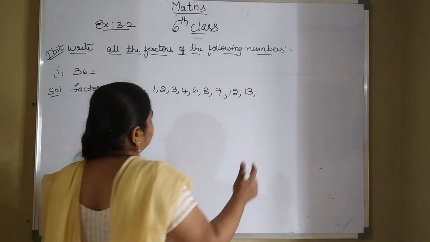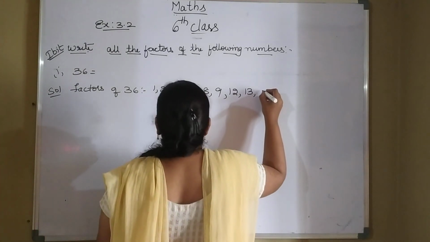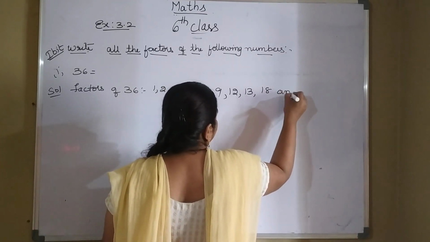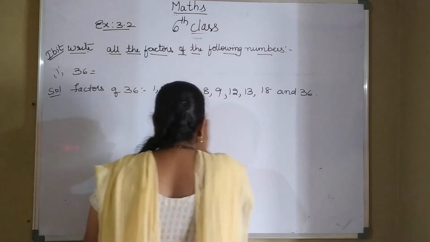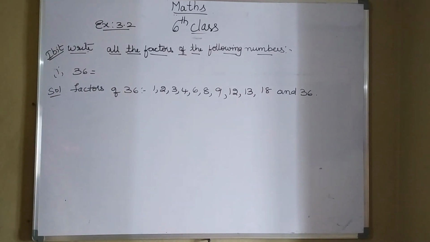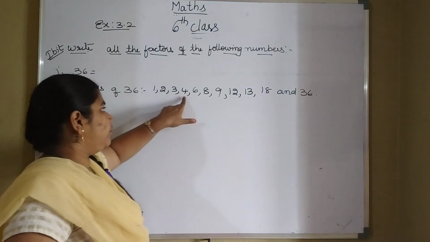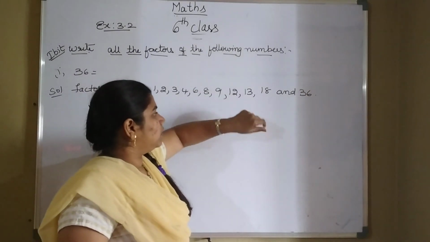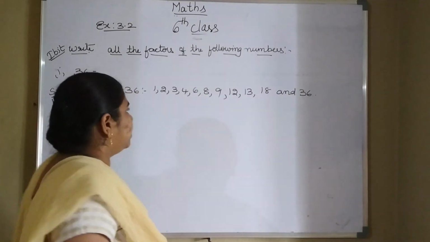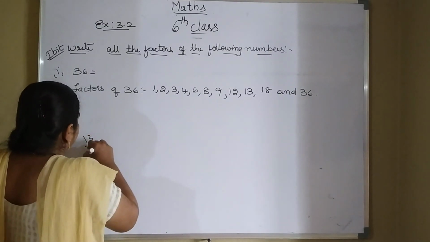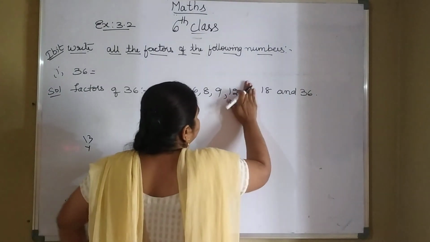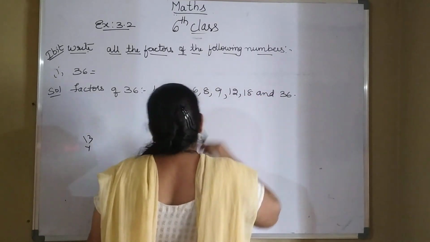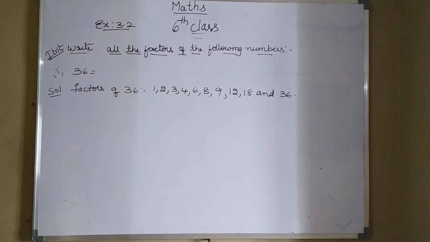Next is 18, 18 twos are 36, so 18 is a factor and 36 is a factor. So in which tables will it go? 1, 2, 3, 4, 6, 9, 12 and this 18 and 36. So these are the factors of 36.